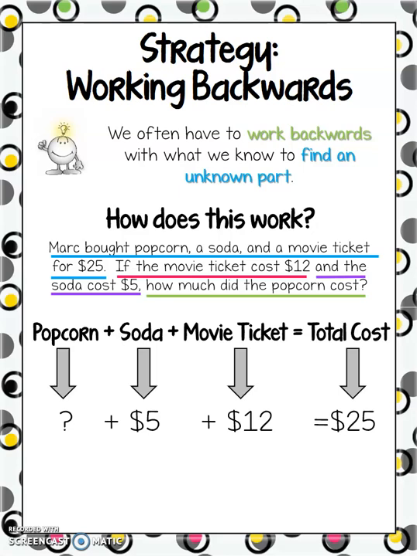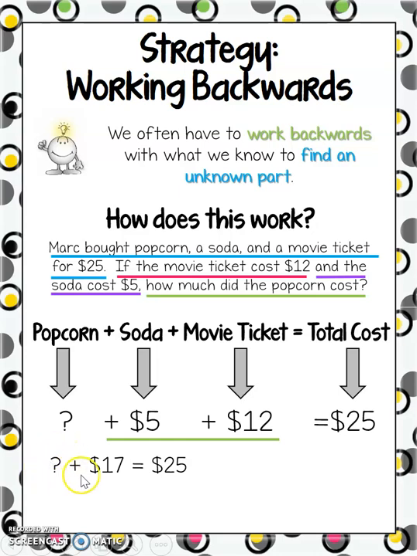So what I can do here is combine some pieces I know. The first thing I see right away is that I can combine $5 and $12 to be $17. So this is like saying the popcorn plus $17 equals $25. Now, if I'm thinking back to that part-whole idea, since I know the whole and I know one of the parts, in order to find this missing amount, I can work backwards and use subtraction to figure out what the popcorn cost.